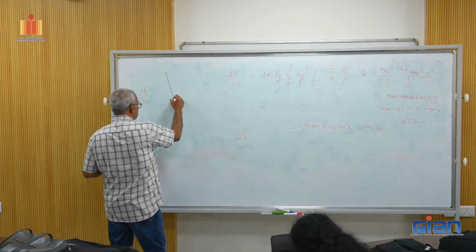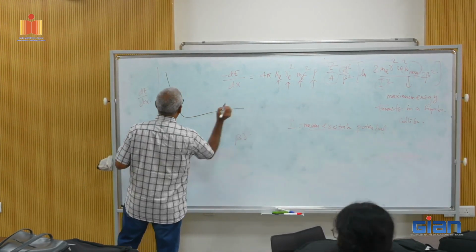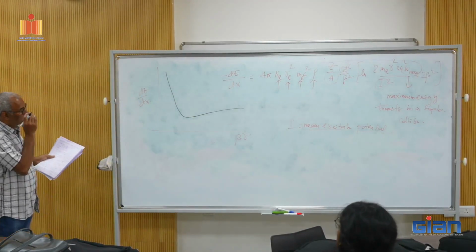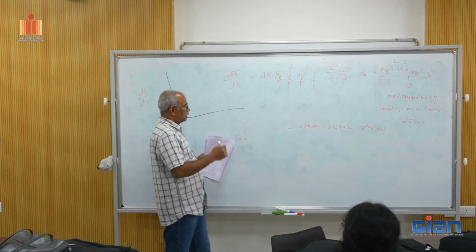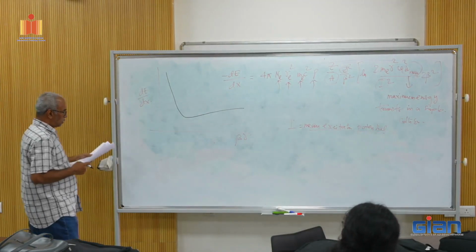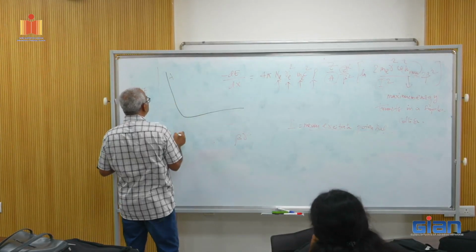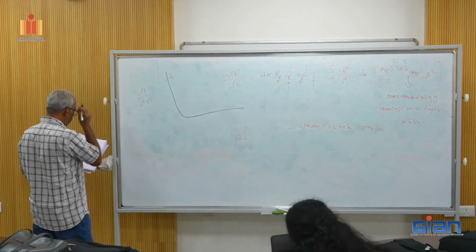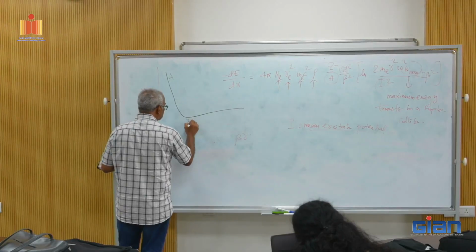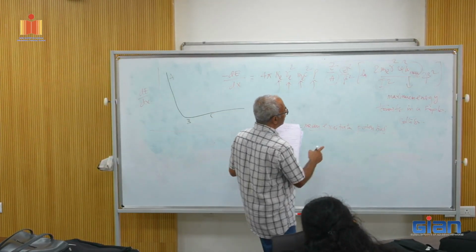You have something like this. This is not the graph that I drew at the beginning, but something different. Now what you can see is that maybe this region can be identified as A, this one is the B, then C, the logarithmic rise.